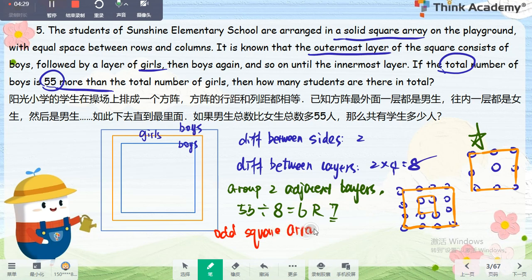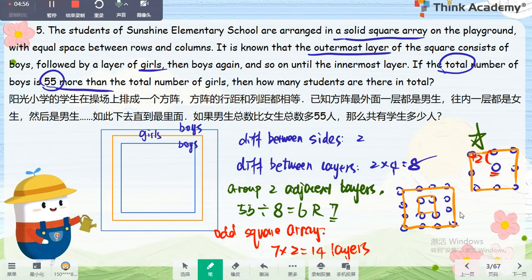And except for this, there are 6 groups of 2 layers, so altogether there should be 7 times 2 equals 14 layers. After we know there are 14 layers, for the odd square array, in the innermost layer there is only one shape on one side, and the difference between two adjacent sides is always 2.